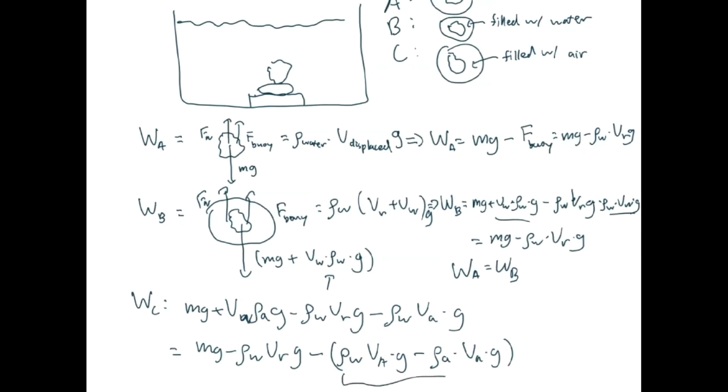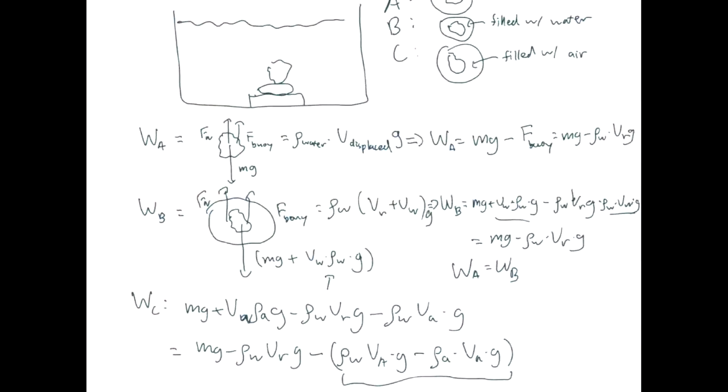This quantity is definitely greater than 0 because we can factor out the volume of air times g here.